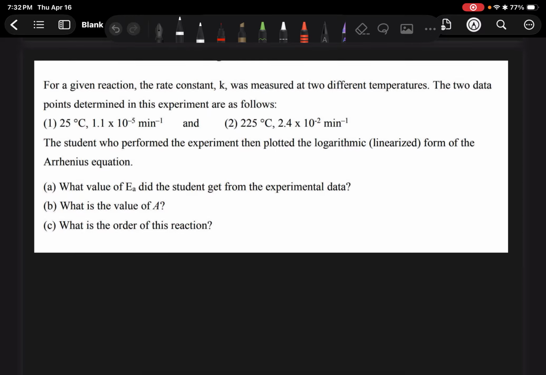Yo, I don't understand why we don't use... the rate constant K was measured at 2 different temperatures. The 2 data points determined in this experiment are as follows. So is this 1.1 times 10 to the negative 5 minutes to the negative 1 the rate constant?